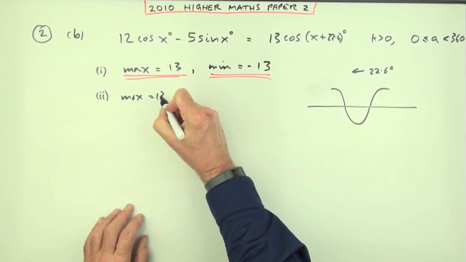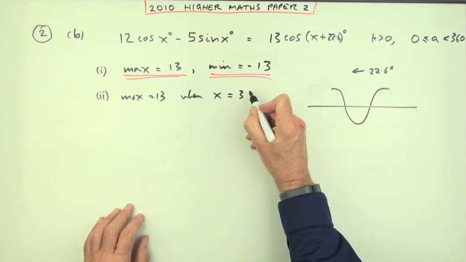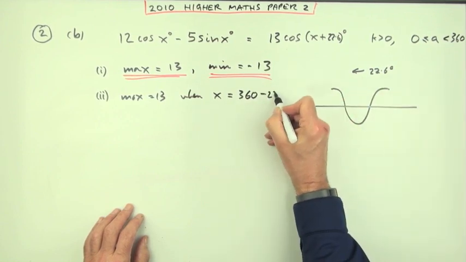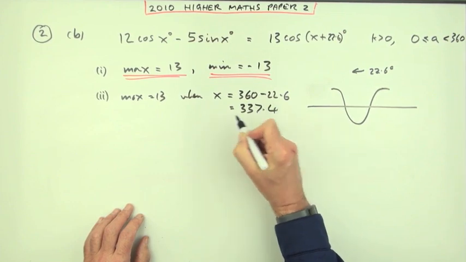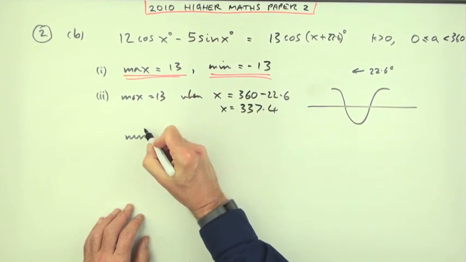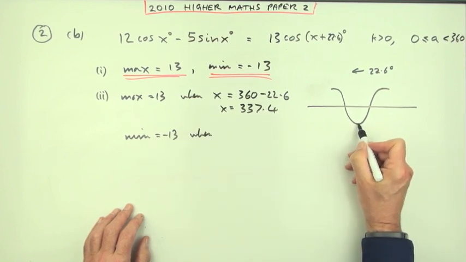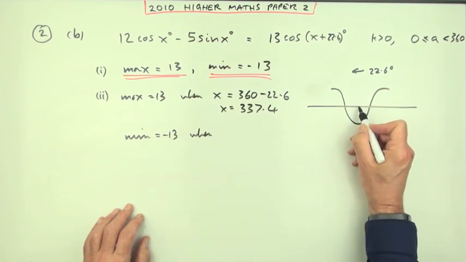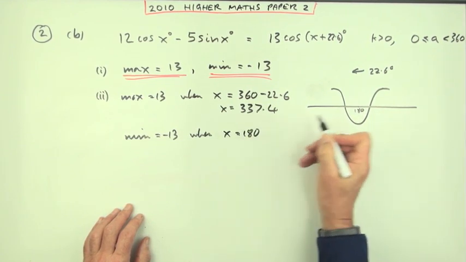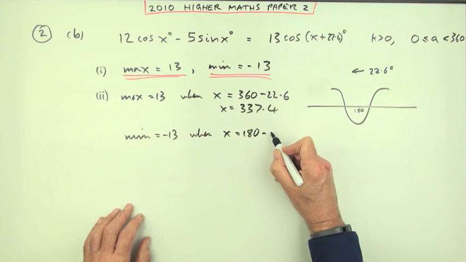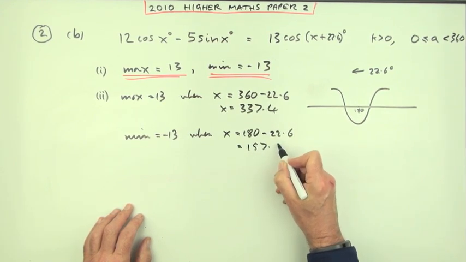The maximum of 13 when x equals, and that will be 360, and it's going back 22.6, so it'll be 337.4. And the minimum of negative 13 when, now the minimum would have happened here, that would have been at 180, when x is 180, but it's been shifted back 22.6, so that'll be at 157.4.